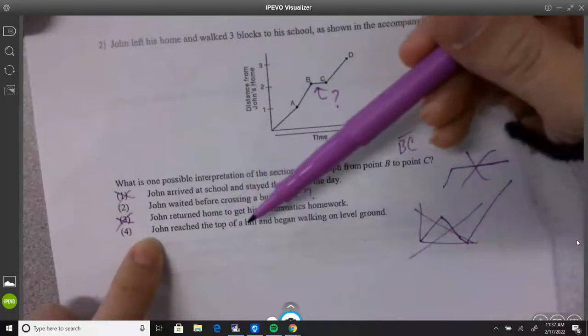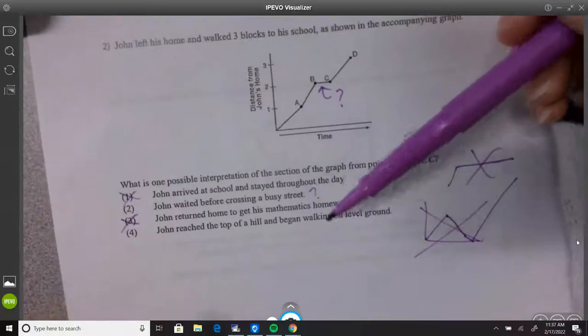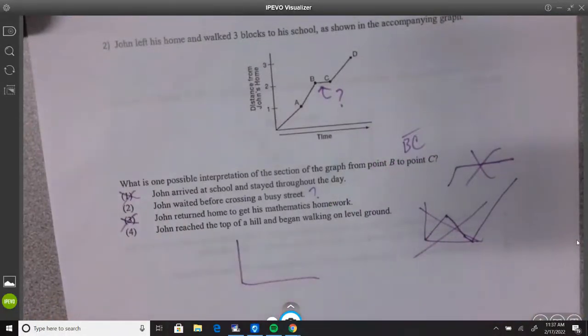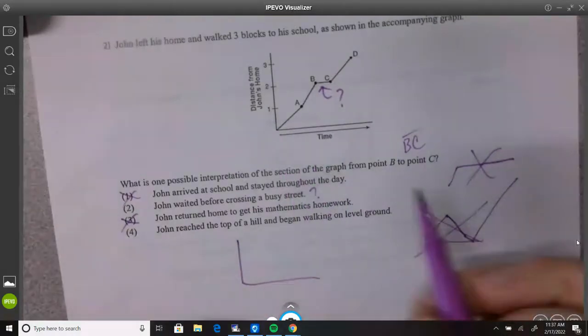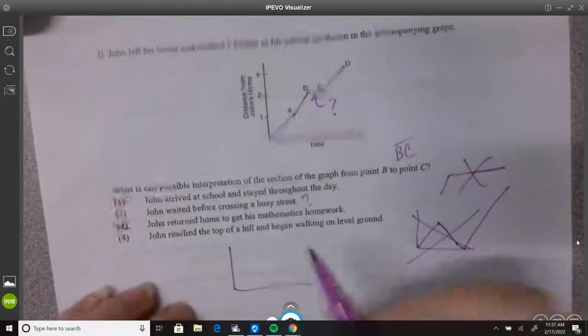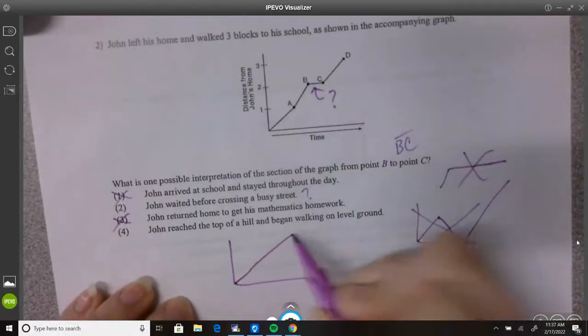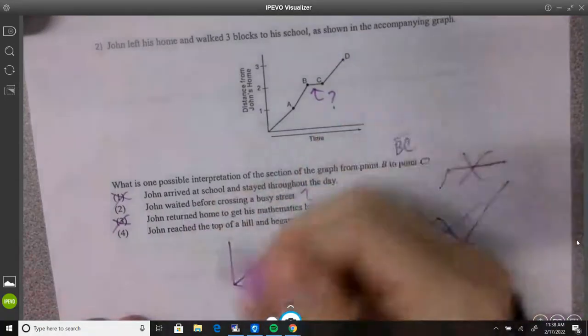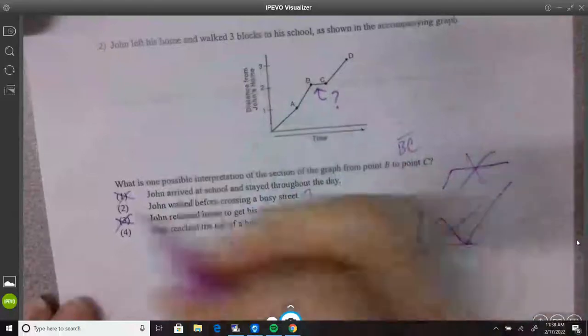4, John reached the top of a hill and began walking on level ground. So graphs don't measure if you're on a hill or not. They measure the distance and the time. So if John was on the hill and began walking on level ground, you would have seen a straight line again. And our graph does not look like that.